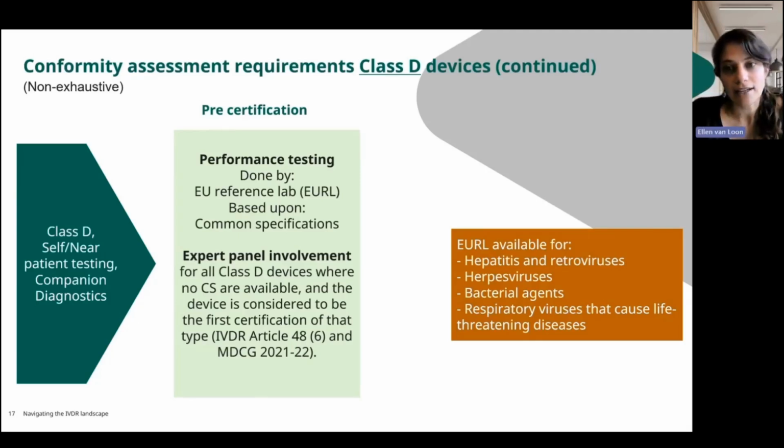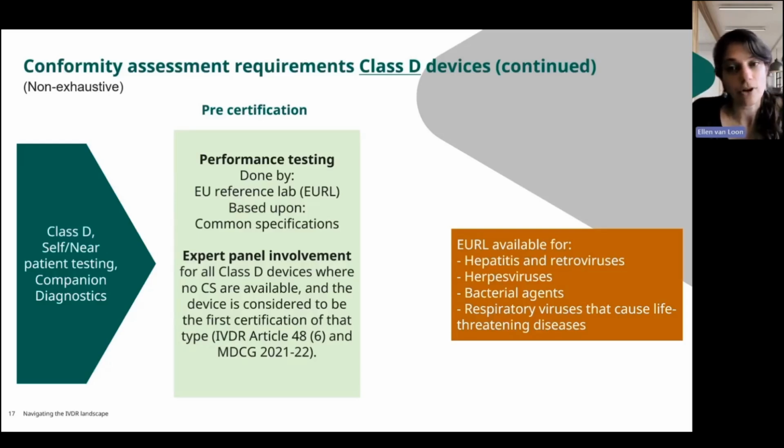For the following Class D devices that are mentioned in the orange square, so for example Class D devices for hepatitis and retroviruses, an EU reference lab has been designated by the European Commission.